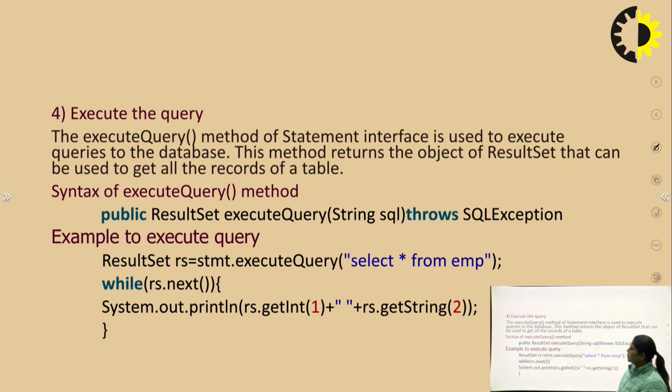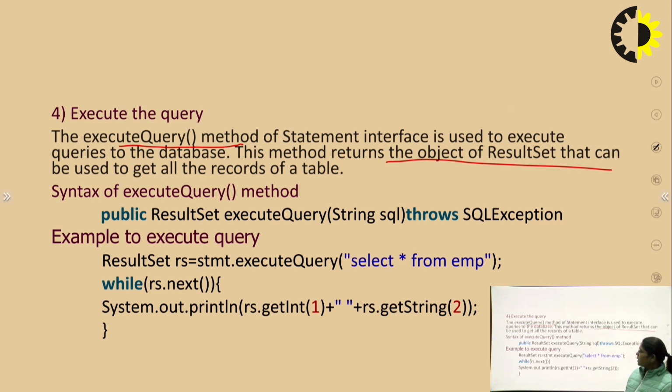The executeQuery method of Statement is used to execute the query on the database, and we can fetch the results from the database. This method returns the object of ResultSet that we use to get the records of the table.